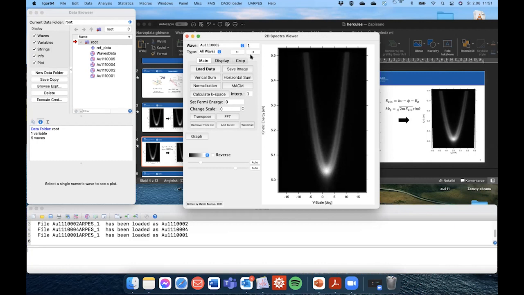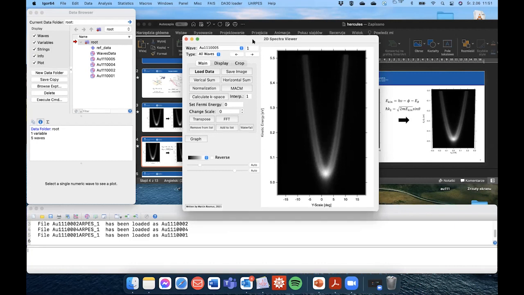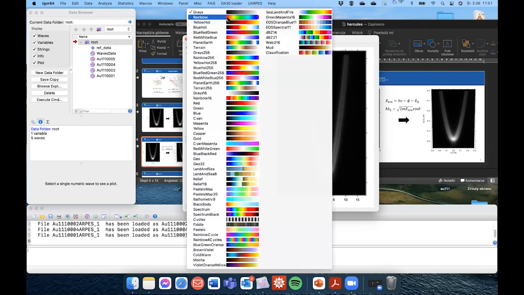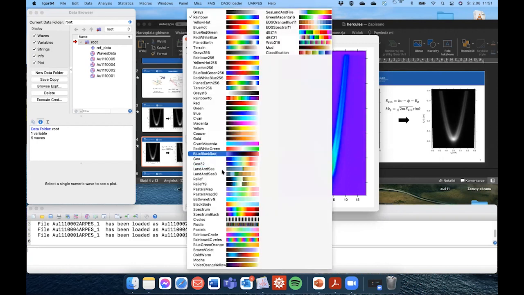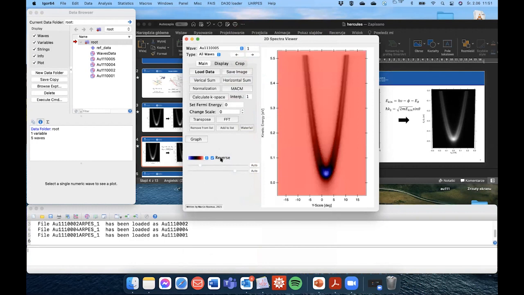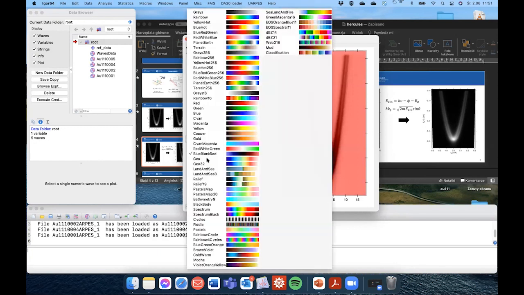So the first thing that we can do with this procedure is to play with the colors of our data. So of course, the changing of these palettes is absolutely arbitrary. There is no physical reason in that. The only thing that we have to do is to find the one in which our spectra are visible.